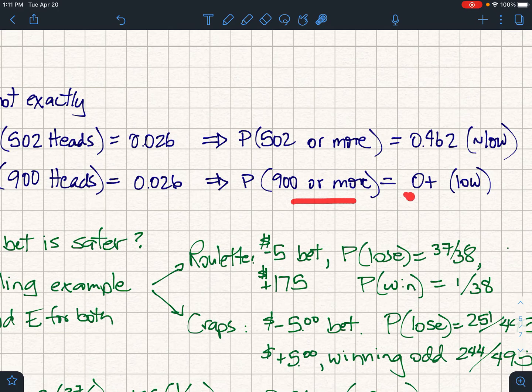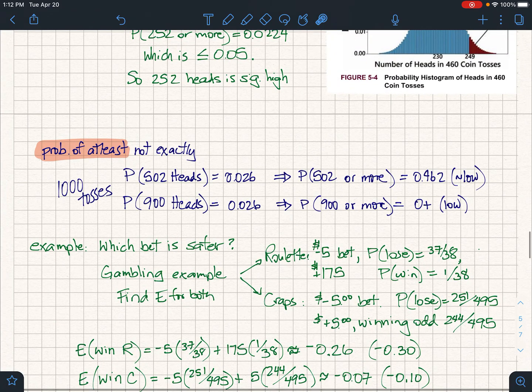This one, 900 or more out of 1,000, is super close to 0. Okay? Very low. This one, that's only 46, that's 46% of the chance. That is not low, okay? So make sure that we are aware of this phrase at least, okay? So they're going to say or more.